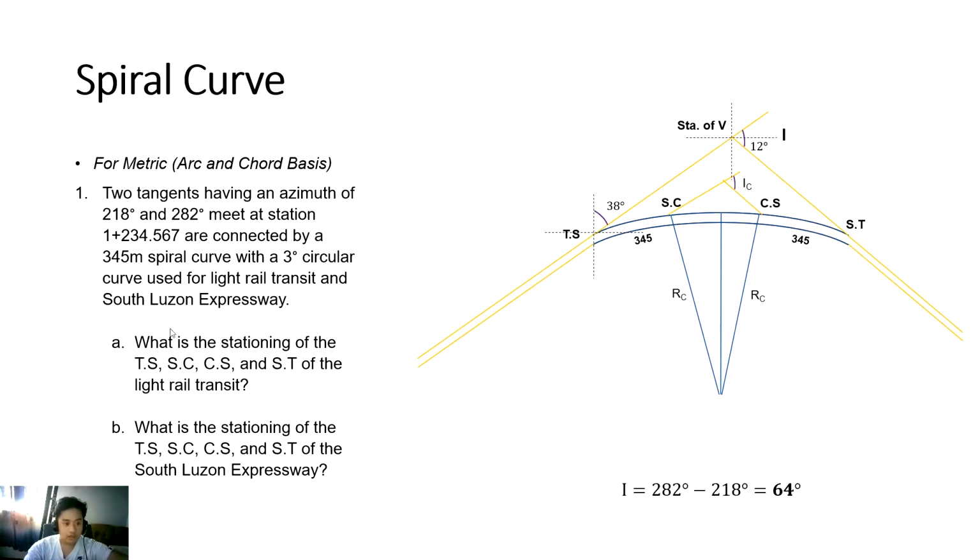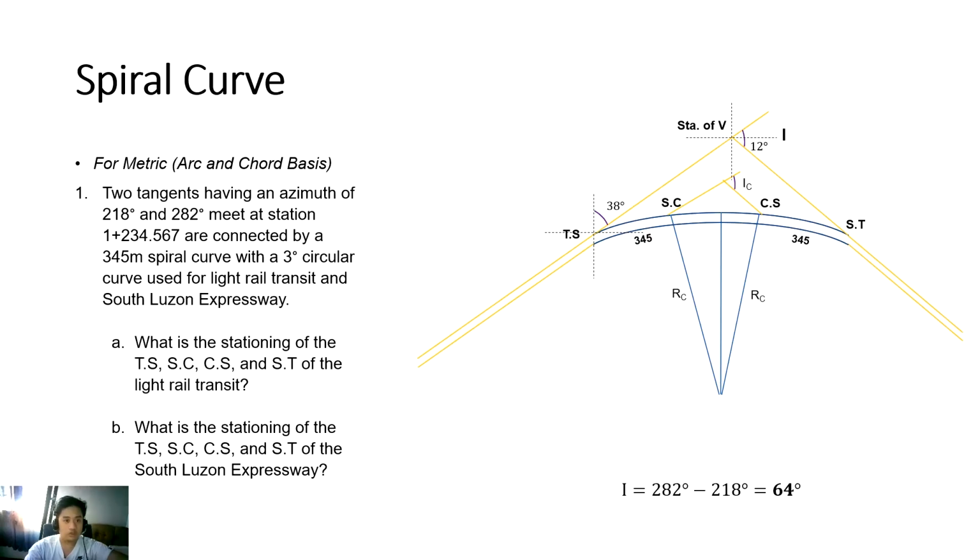For letter A, what is the stationing of the TS, SC, CS, and ST of the rail transit? And for letter B, what is the stationing of the TS, SC, CS, and ST of the South Luzon Expressway?